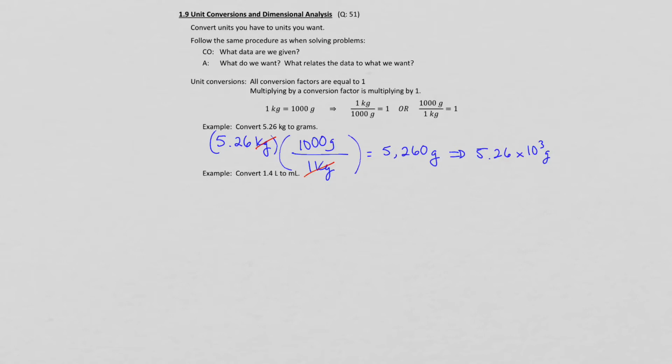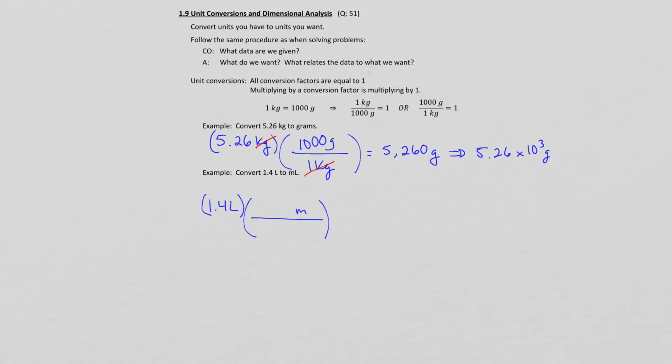So try this next example question by yourself really quick. Pause the video and see if you can do this. We're going to set this up the exact same way that we set up the previous problem. We're going to write down what we know. We have 1.4 liters, and we have to multiply it by some conversion factor to get to milliliters. We want milliliters, so we're going to place milliliters on the top, liters on the bottom.